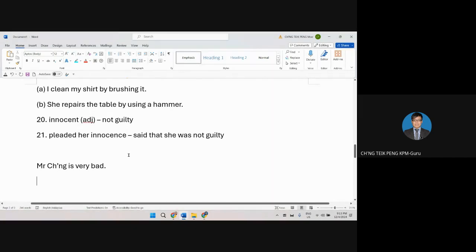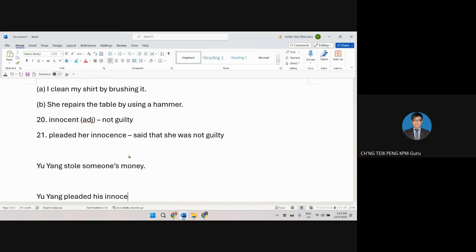Or let's say Yu Yang stole someone's money, but Yu Yang says no, I didn't steal. Then Yu Yang pleaded his innocence.